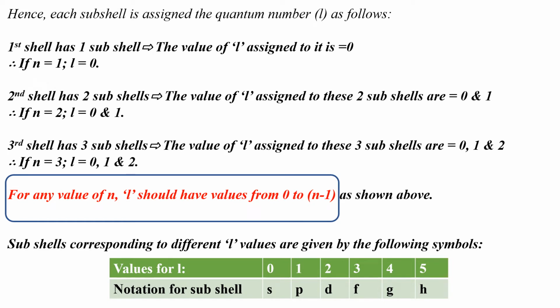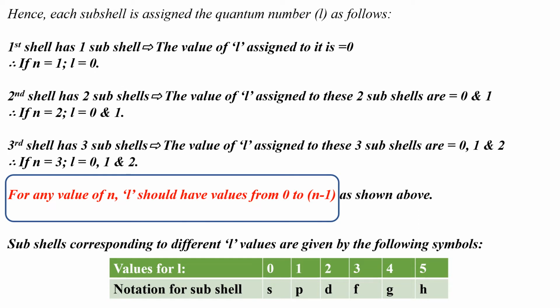Now each subshell has been given a name. Subshells corresponding to different L values are given the following symbols. If the value of L is 0, it corresponds to the notation s. It denotes s subshell. If the value of L is 1, then it denotes p subshell.